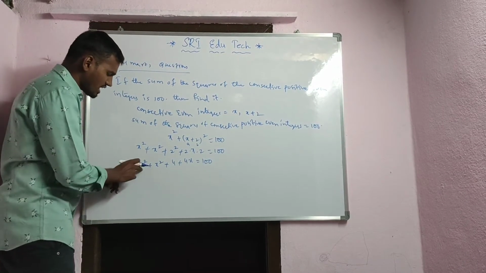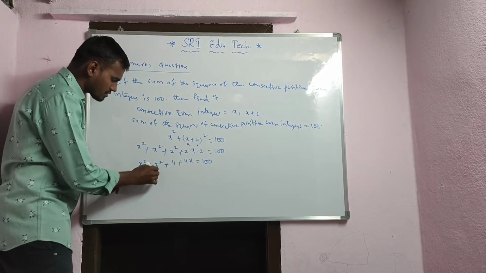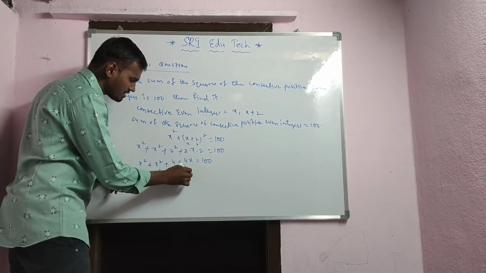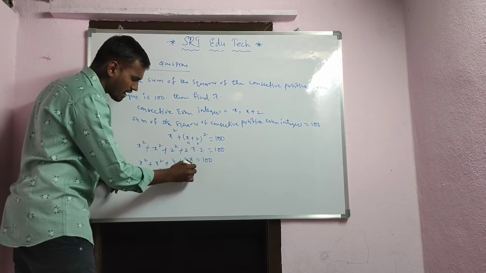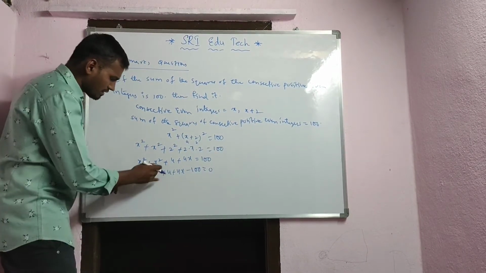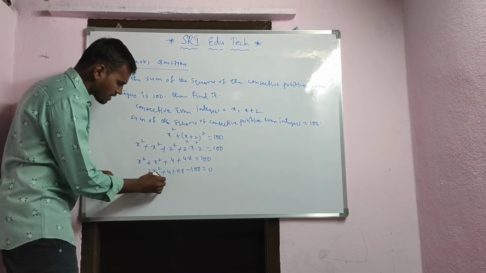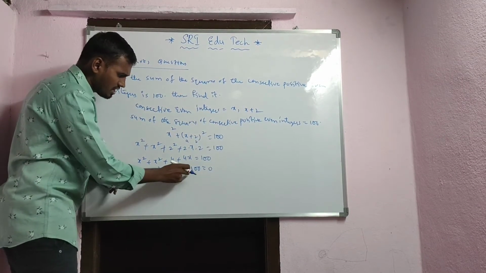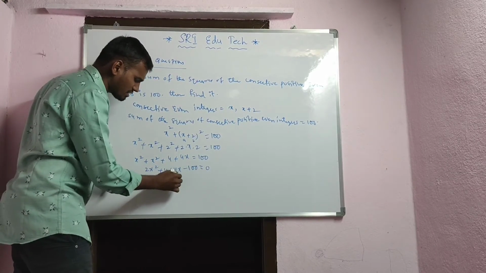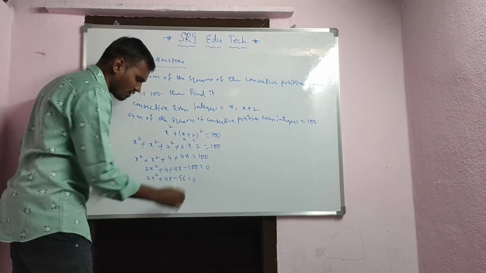Moving 100 to the LHS, 2x square plus 4x plus 4 minus 100 is equal to 0. So 2x square plus 4x minus 96 is equal to 0.